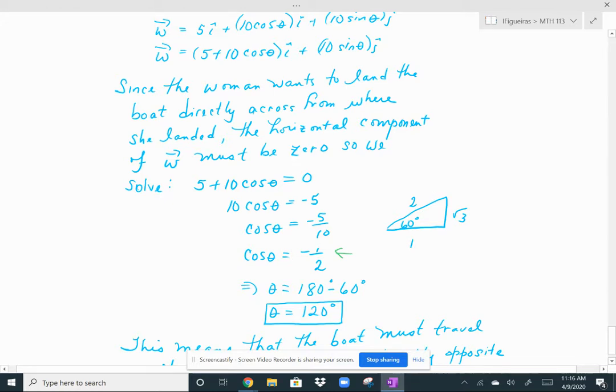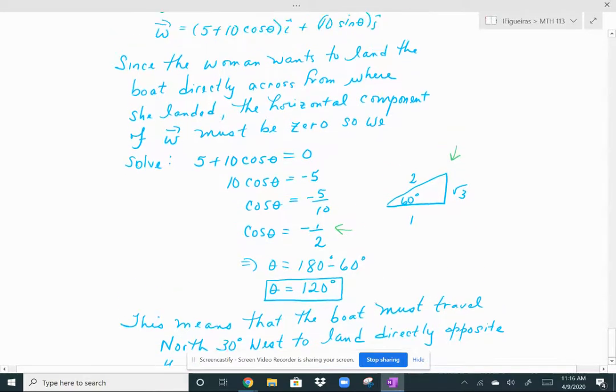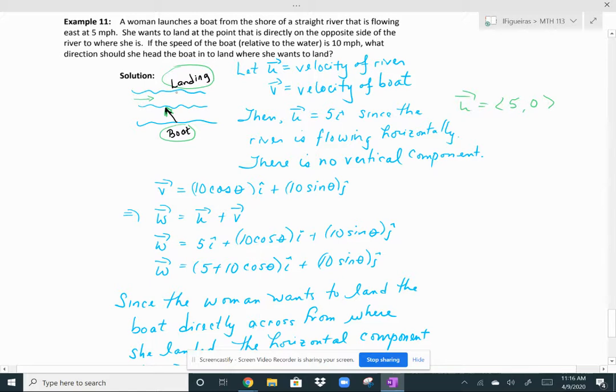So that's going to be a 60-degree triangle, which is what you see here. But we have to keep in mind our components.